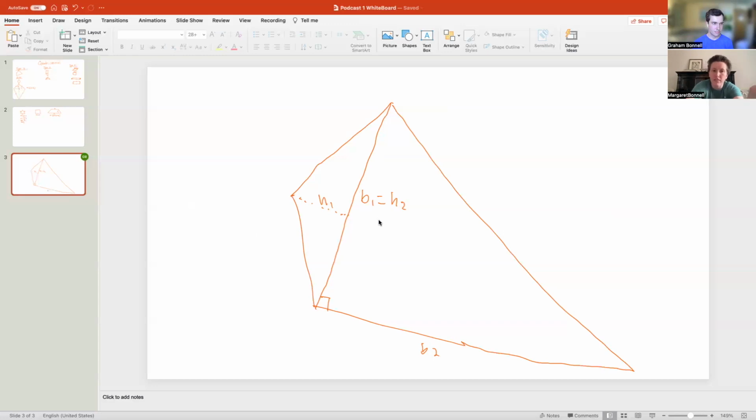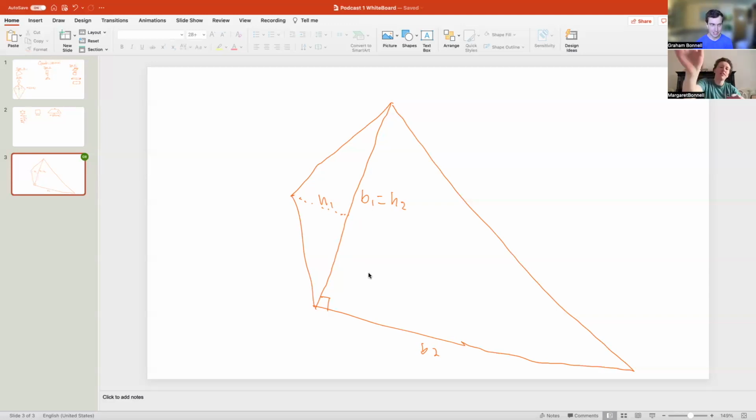Because it's the base of the small triangle. What makes a base of a triangle? It's perpendicular. It has to be perpendicular to the height. You learn something new every day.